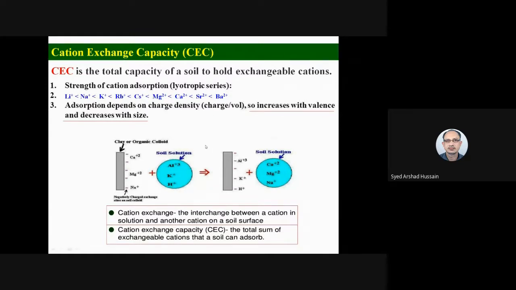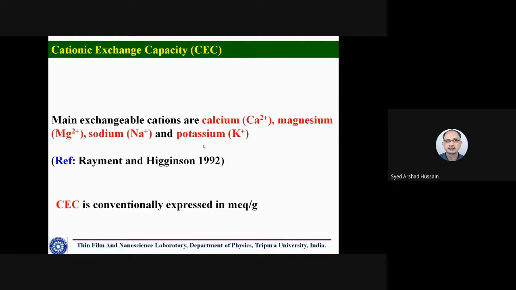So this cation exchange capacity of your systems allows the clay to be an ideal host to incorporate other material or other functionalized material through cation exchange reaction. And the main exchangeable cations within the clay system are, say, Ca+2, magnesium+2, sodium, potassium.